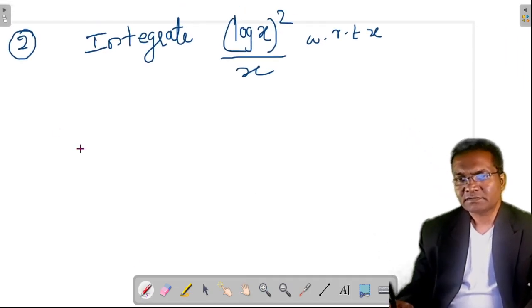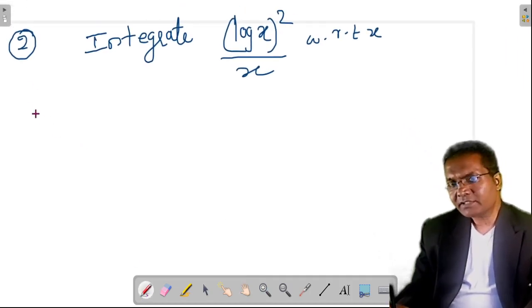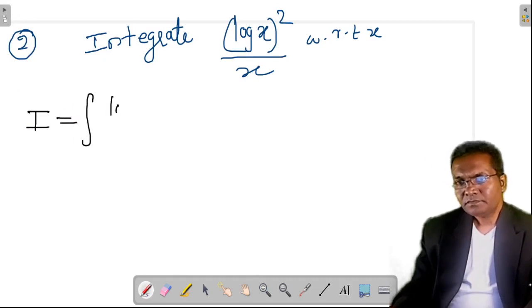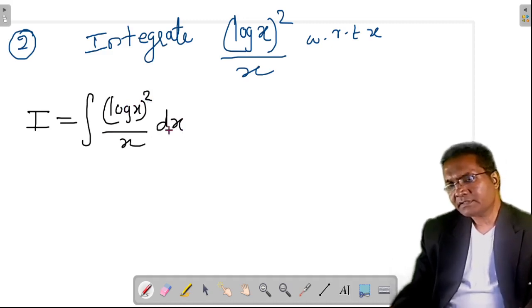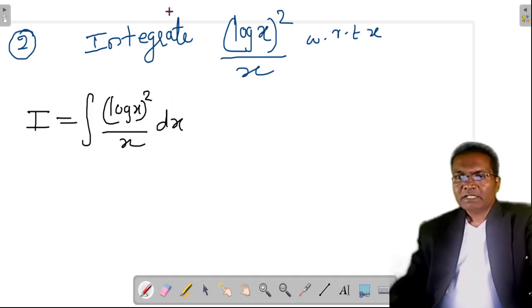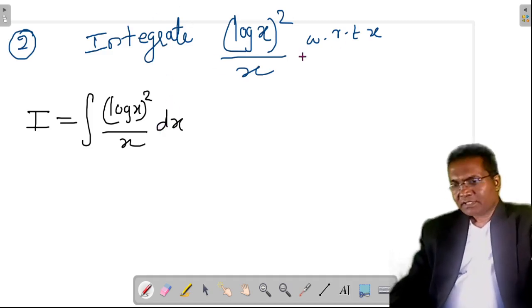Let us call I equal to integration of log of x whole square by x, dx. This is a way of writing the integration with respect to x.